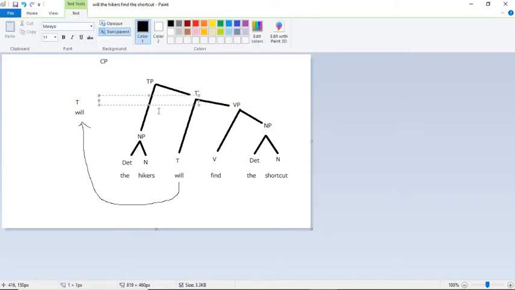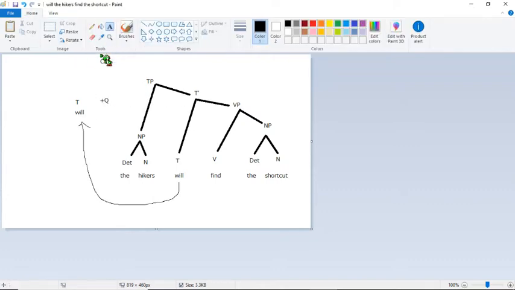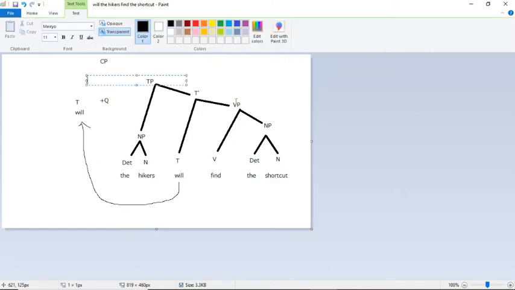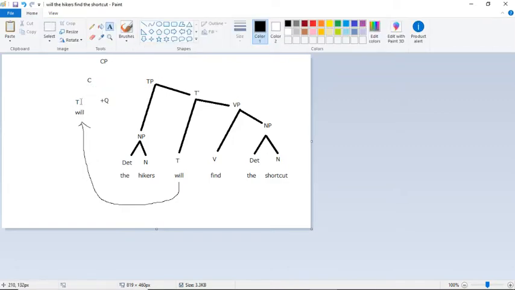So I'm going to add a plus question here just to indicate that it is a question. And because we're conceiving of will as being the head, and this tense phrase is being the complement of this question, we're going to attach it this way, the same way we would do with any other X-bar. Well, we're just following the X-bar schema blueprint.